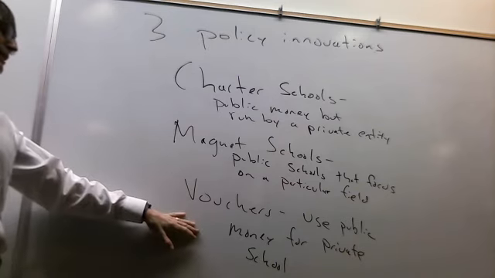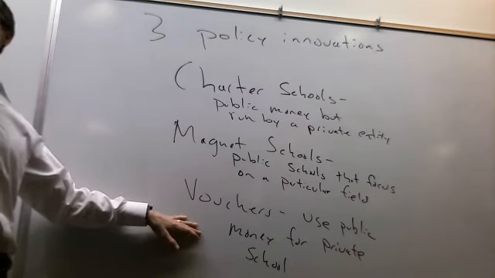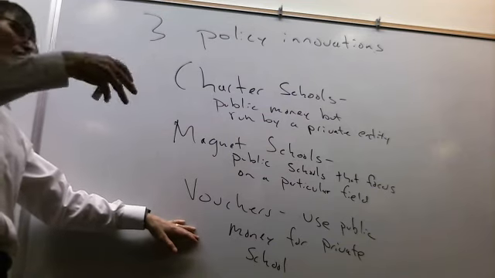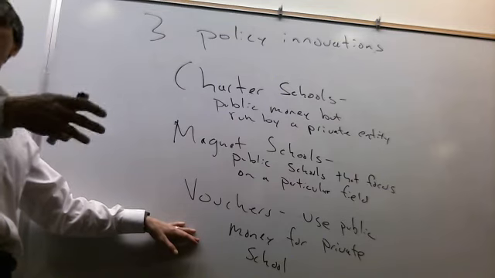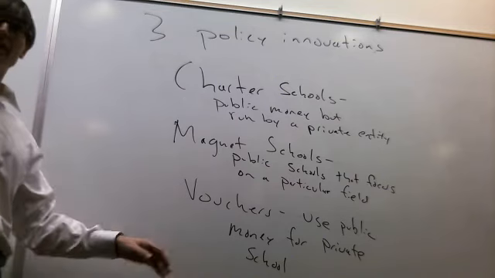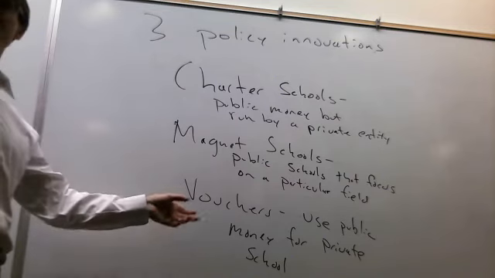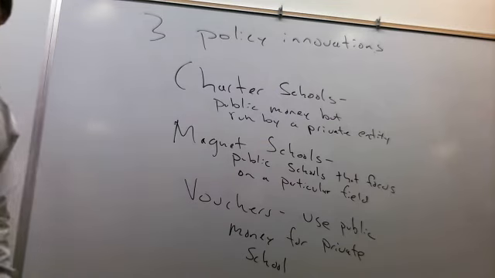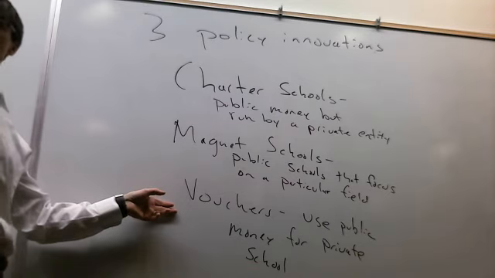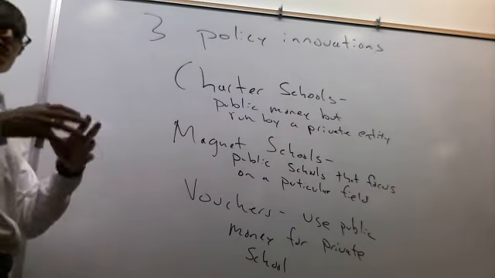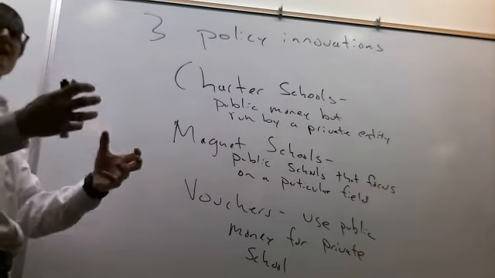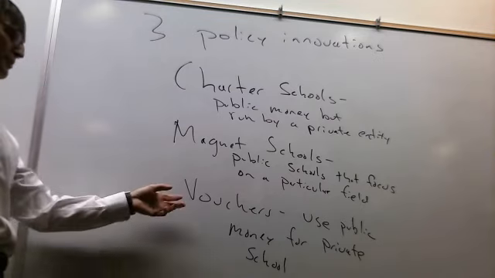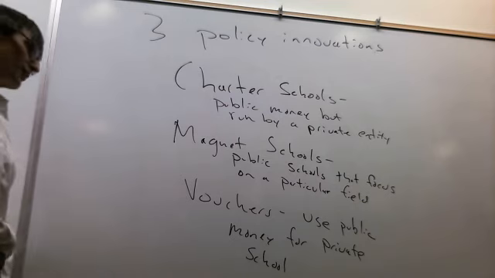So if every kid's share of the public expenditure is about $6,000 per year, they basically get a voucher, like a coupon for $6,000, and instead of using it for the public school, they can take it to a private school and pay their tuition with that. And so the idea is that you're decreasing the monopoly that the local school district has by allowing kids some additional choice.